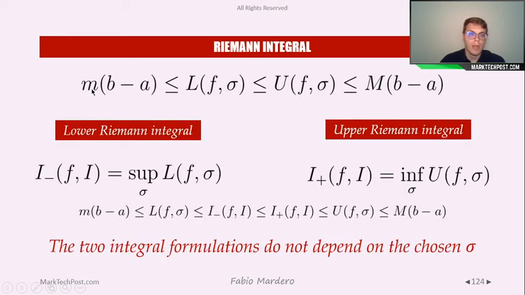So the minimum times (b minus a) is less or equal than the lower Riemann sum, that is less or equal to the upper Riemann sum, that is less or equal to the maximum times the length of the interval.